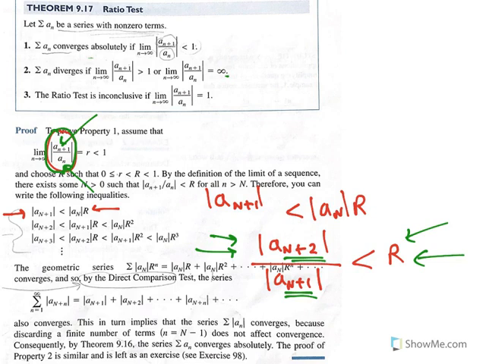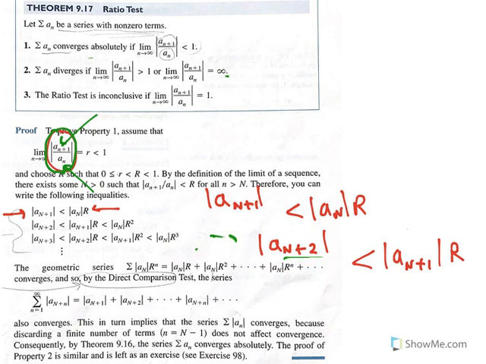And when we do that, we will get this. So on the right side, we will have the absolute value of a sub uppercase N plus 1 times r, and when we multiply by the denominator of the left side of the inequality, it will cancel the denominator on the left side. So we will have this.